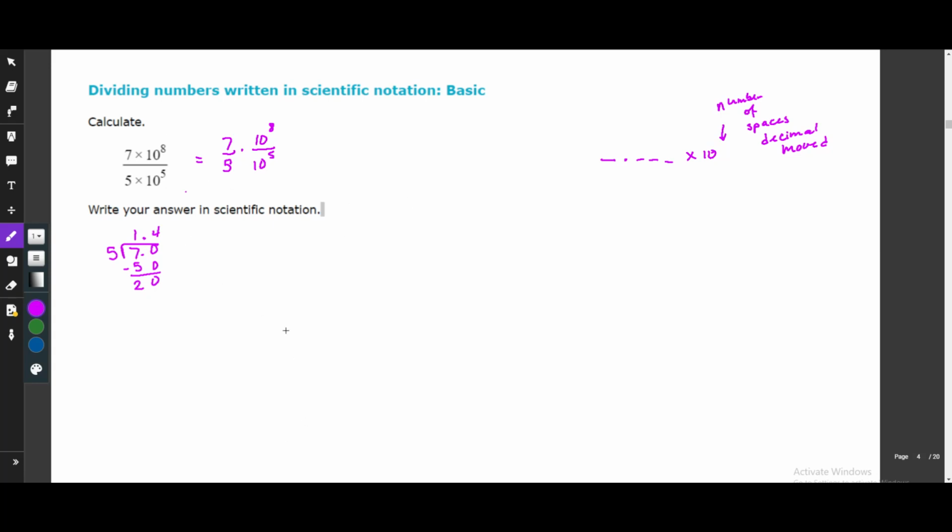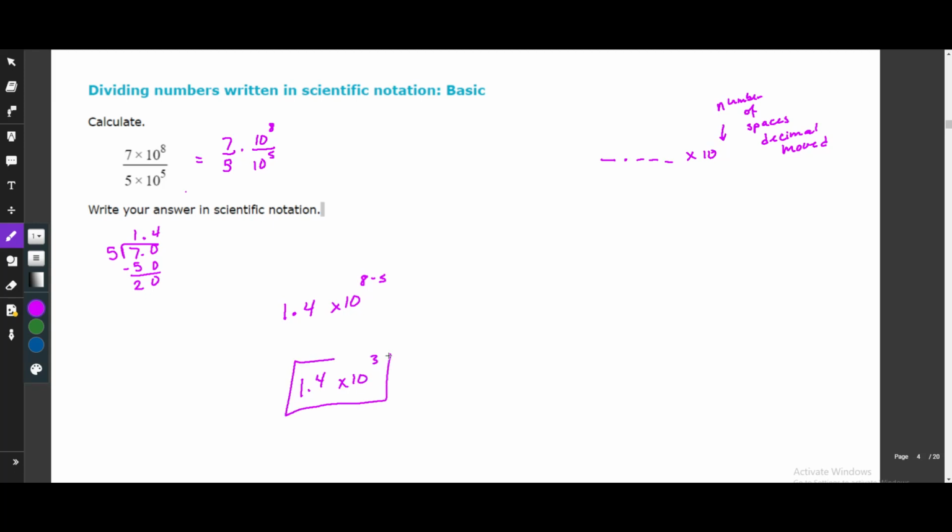So 7 divided by 5 is 1.4, which is an okay number for scientific notation because we have one digit, the decimal, and then the rest of the number, and that will be times 10, because that's my base, to the 8 minus 5. So my final answer is going to be 1.4 times 10 to the 3rd.